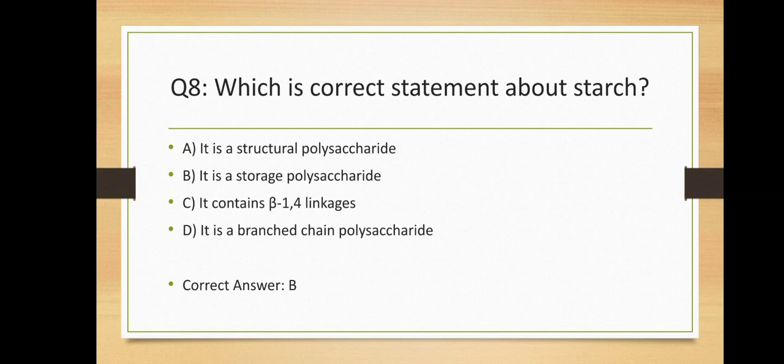Option A is not correct, and options C and D are also not correct. Option A says it is a structural polysaccharide. Starch is not a structural polysaccharide. Structural polysaccharides are cellulose, which is present in plant cell wall, while starch is a plant storage polysaccharide. Option C says it contains beta-1,4 glycosidic bond. It is also not a correct statement for starch, because starch is made by glucose.